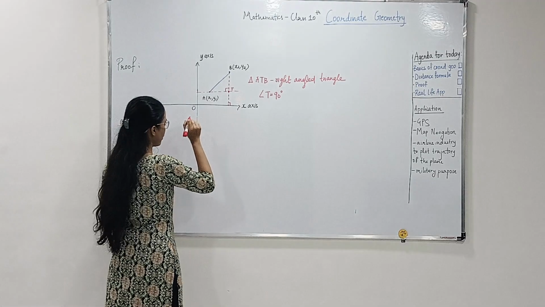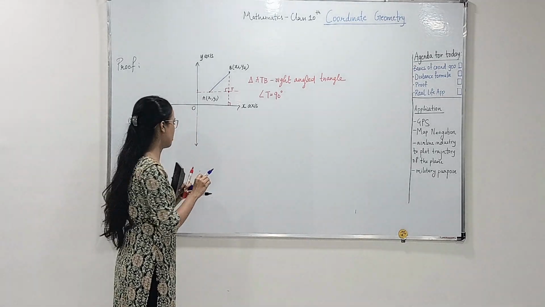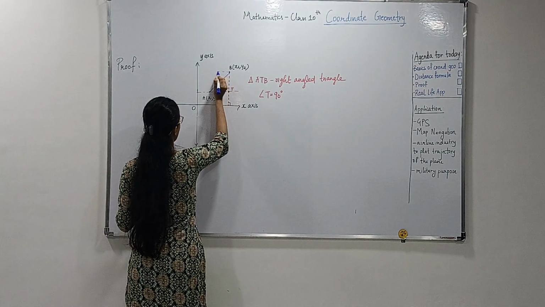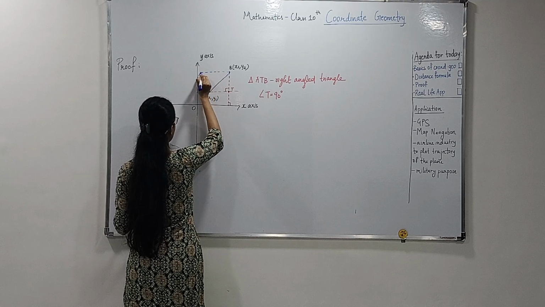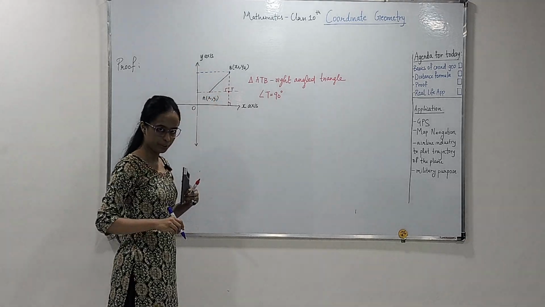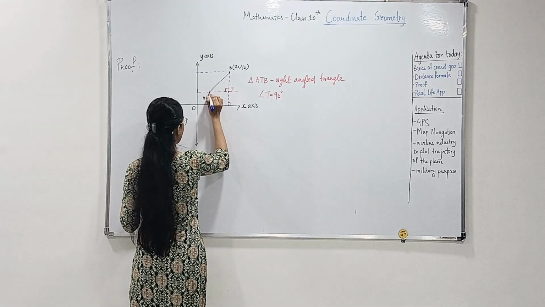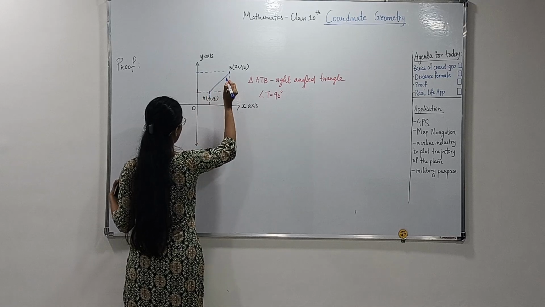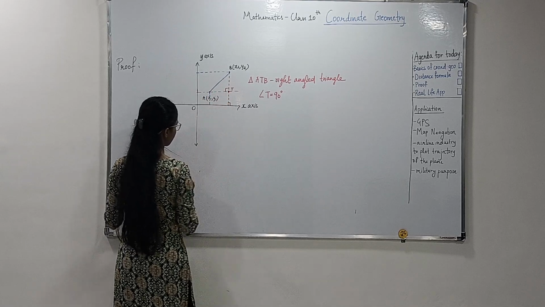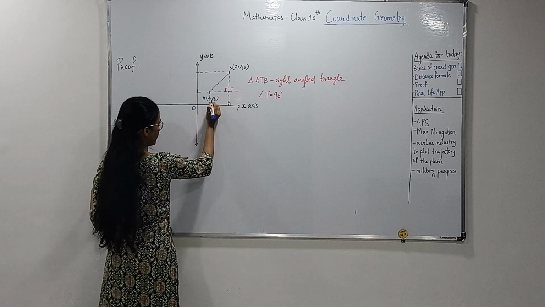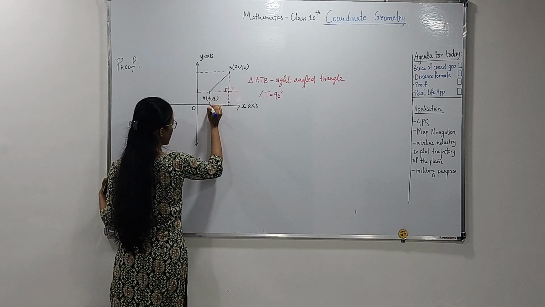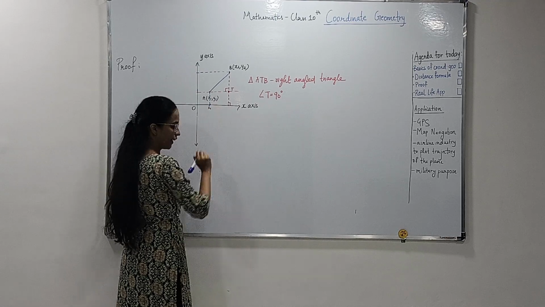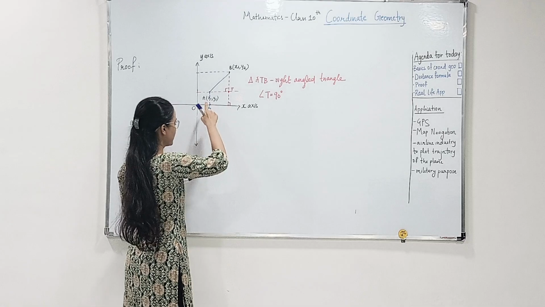Now I want you all to again closely observe that if I drop one more perpendicular from point B on the y-axis and a perpendicular from point A on the x-axis, right? Okay, so now if you see, if I drop a perpendicular from this point on the x-axis, this is nothing but the x coordinate of A. And what is the x coordinate of A?